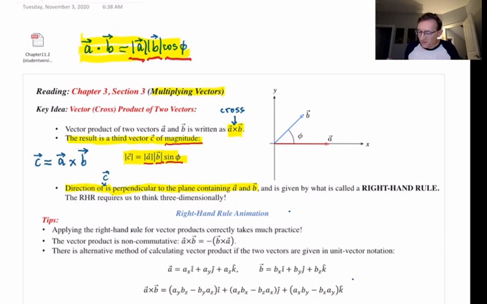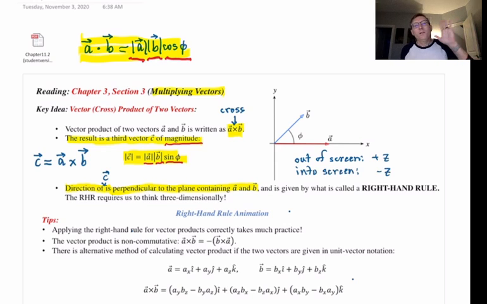And in this kind of drawing, if x is to the right and y is up, like you see in the screen, the direction that is out of the screen is the direction of the plus z-axis, whereas the direction into the screen is the minus z-axis direction.